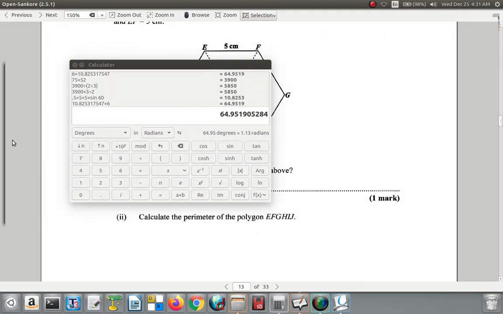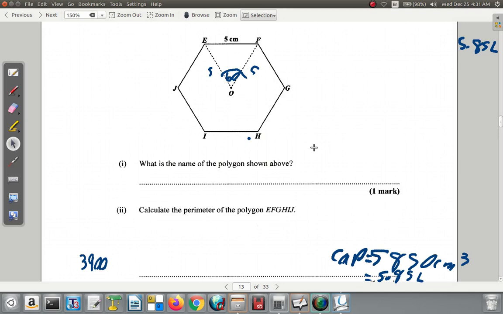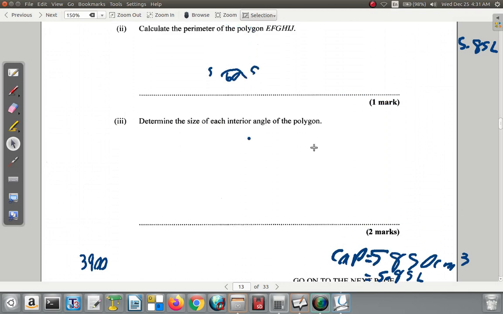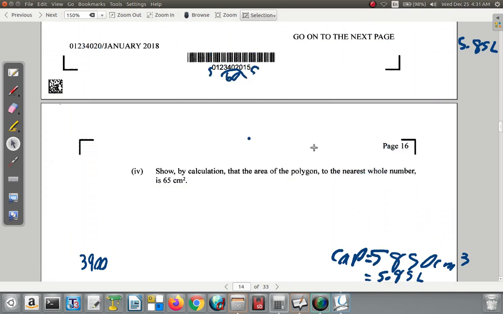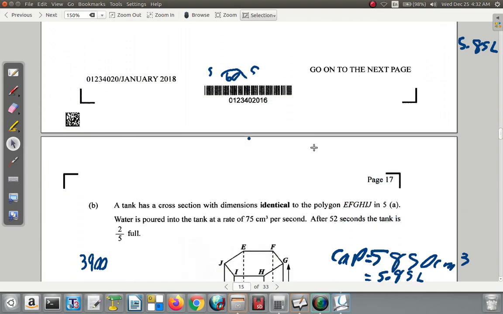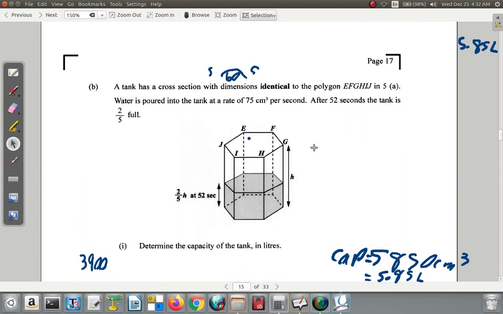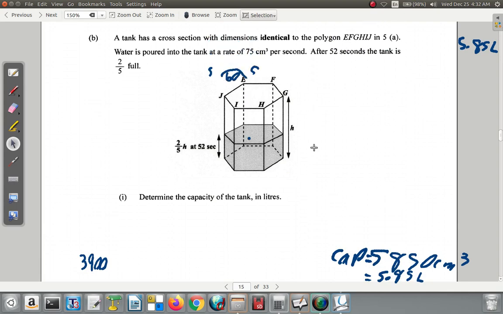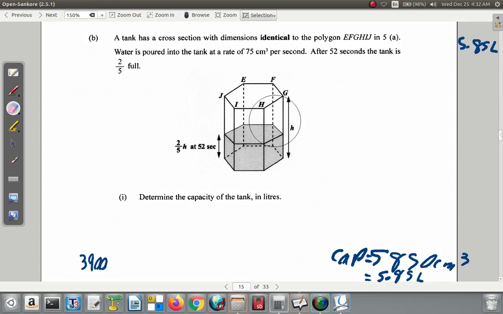Alright, let's scroll back down. Or as this said, it was 65 to the nearest whole number. Alright, you could use the 65, no problem, as the area of this polygon.